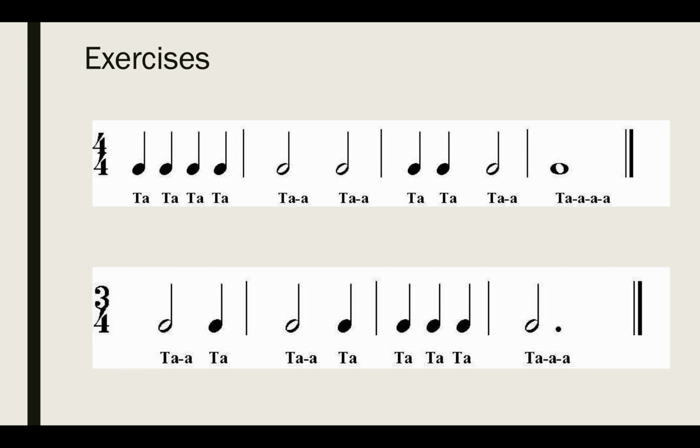So I will clap 3 4 for you. 1, 2, 3, 1, 2, 3, 1, 2, 3, 1, 2, 3. So it's like you're dancing a waltz. Most of the waltzes that you dance to are in 3 4 time signature. So these are just simple exercises, so you can see how it's done.